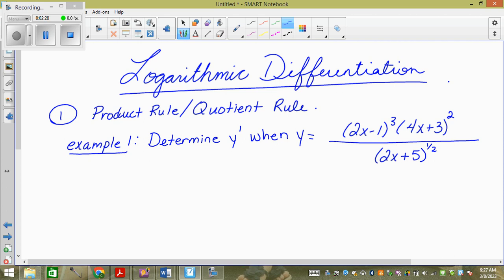Your f prime would be a product rule, but this whole thing is actually f over g, which is a quotient rule, right? You can kind of spot it.